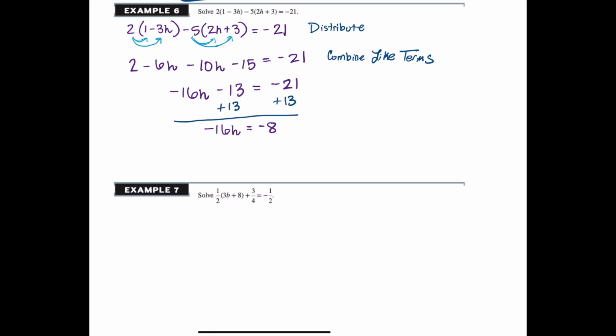Last step is to divide. I'll divide both sides by negative 16. So that'll cancel. On the left side, you'll get h. Negative 8 divided by negative 16. We have a negative divided by a negative, so the negatives are going to cancel.